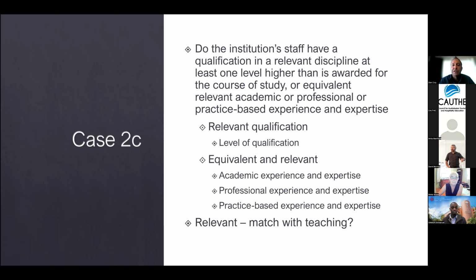So does the institution staff have a qualification in a relevant discipline at least one level higher than is awarded for the course of study, or equivalent relevant academic, professional, or practice-based experience? So the key element here is relevant qualification. This is relevant as in the discipline or field, so it has to be in the discipline or field of the area that they're teaching.